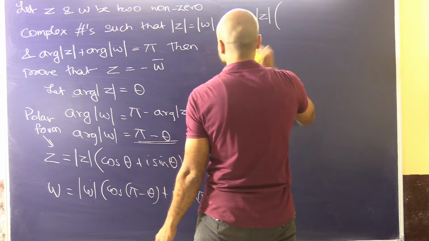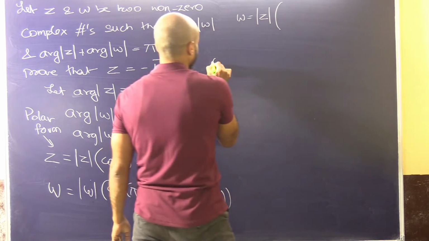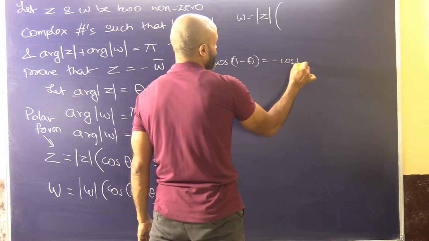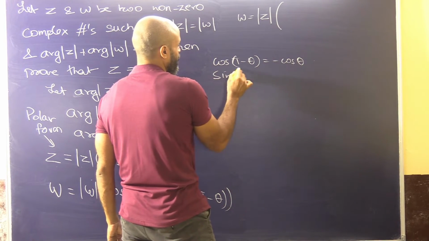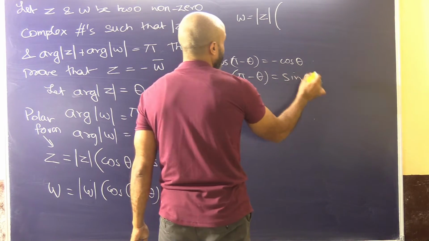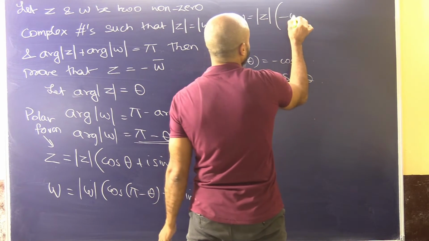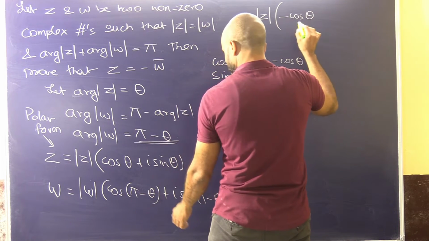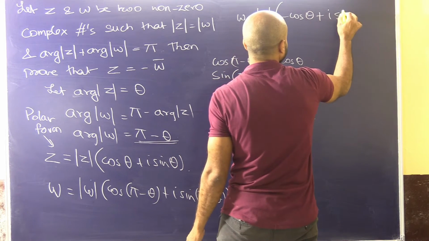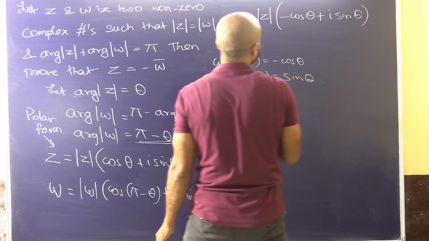This will be cos 180 minus theta, cos pi minus theta we all know is minus cos theta, and sin 180 minus theta we all know is sin theta. So here we can write minus cos theta plus i sin theta.